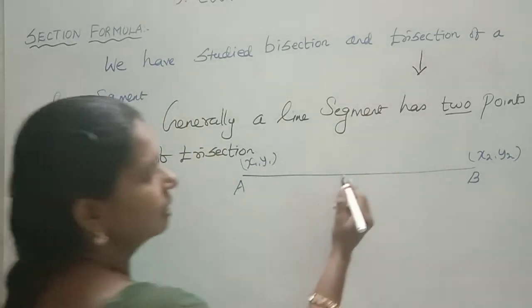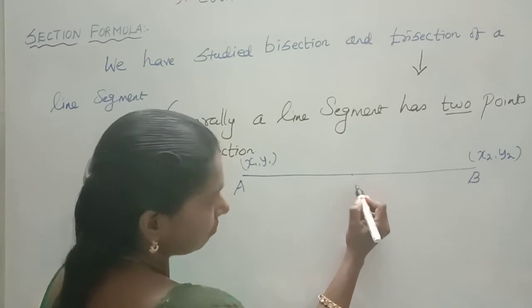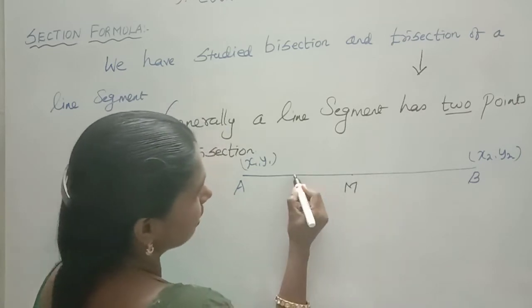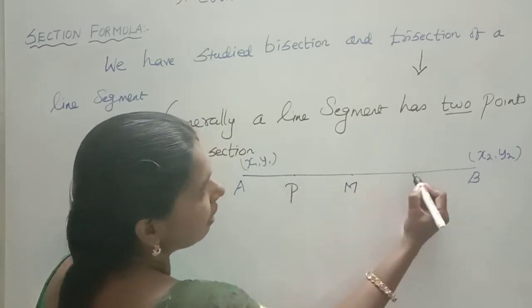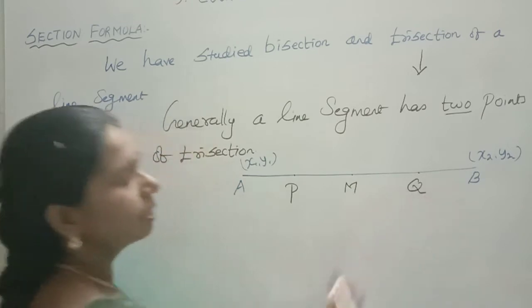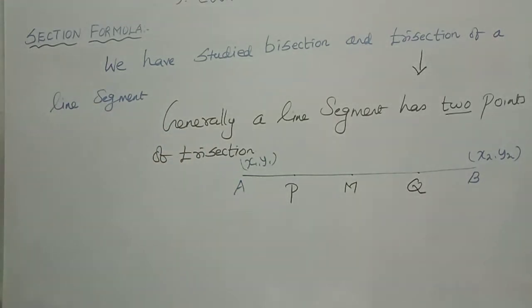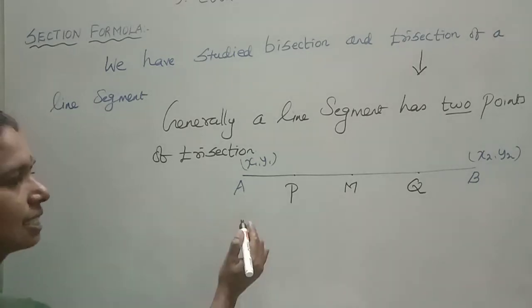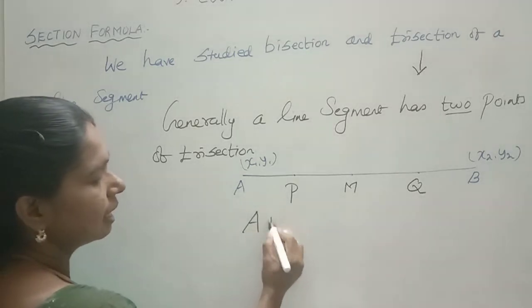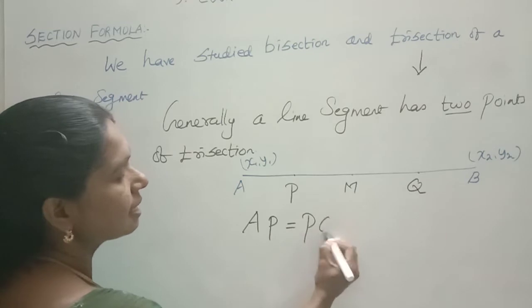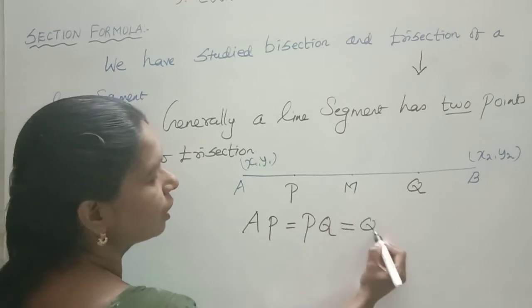Here, suppose we have P and here we have Q. After this, we can say there are 3 parts: AP, PQ and QB.